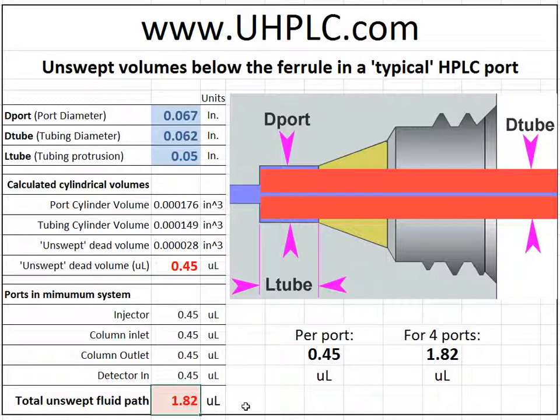It is very worthwhile to note that in a modern UHPLC system, perhaps such as the Waters Acquity, the detector dead volume is 500 nanoliters. So it's getting to over three times the dead volume accumulated in these unswept ports.